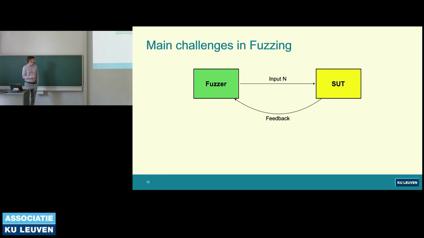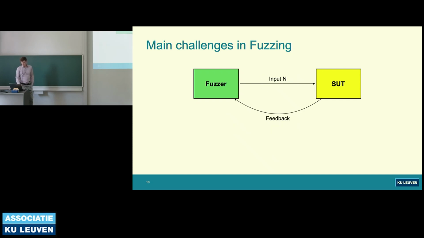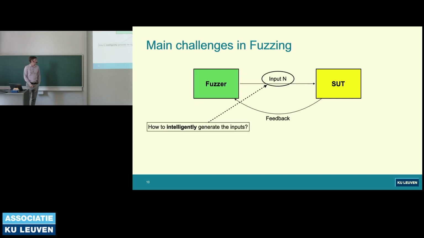Already in this picture, we can see two main challenges of fuzzing. The first challenge is how to intelligently generate the inputs. Because you can imagine that if you just send random inputs to a computer program, it's not likely that it will crash.